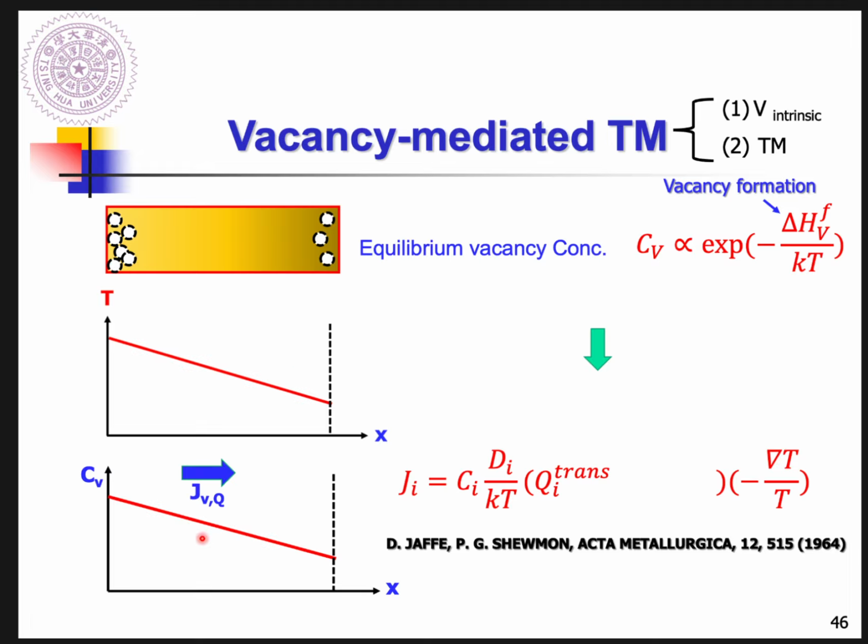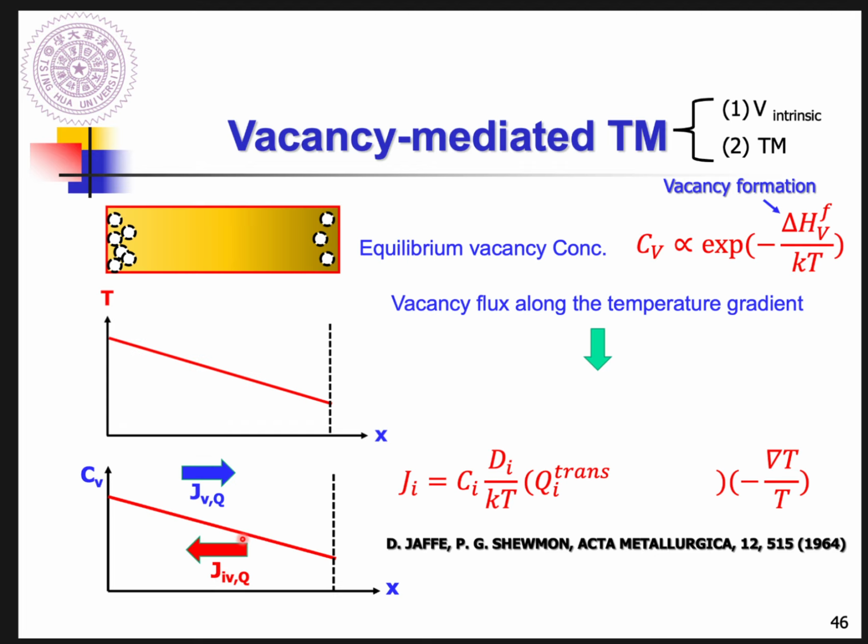But if the vacancies move to the right-hand side, that also tells you that an atomic flux is generated moving to the left-hand side, which is the opposite direction to the J_V induced by the temperature gradient. So we do have this atomic flux due to the vacancy concentration difference.